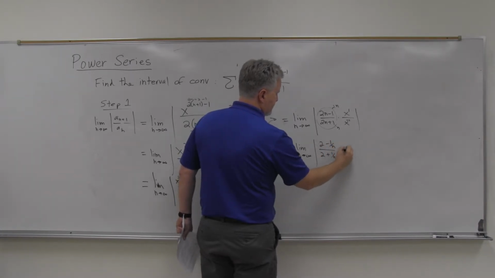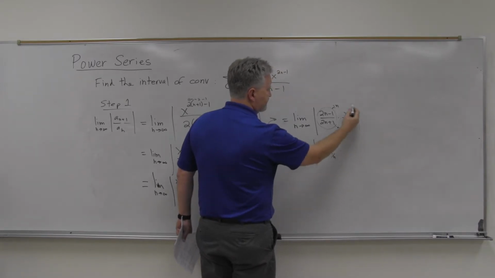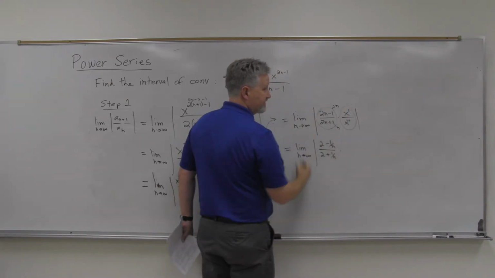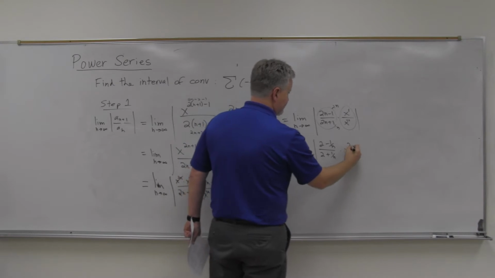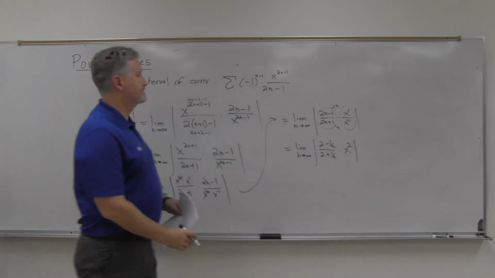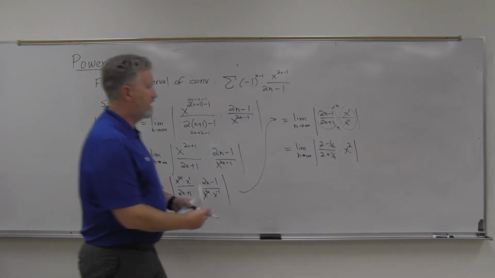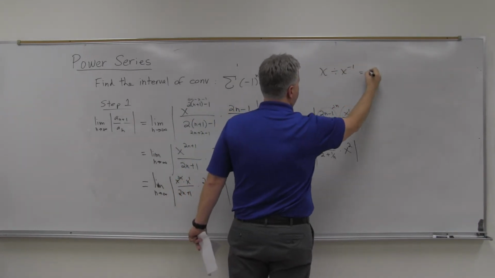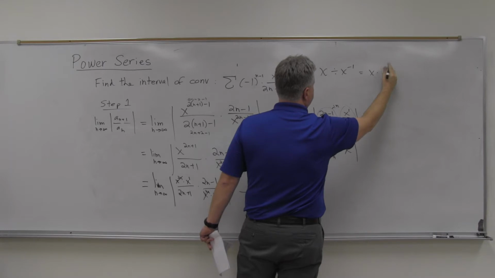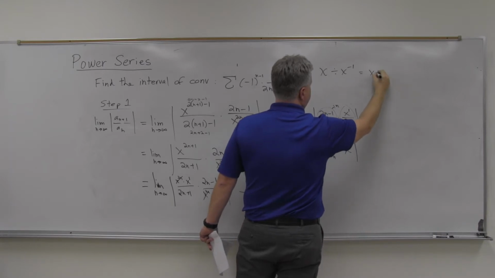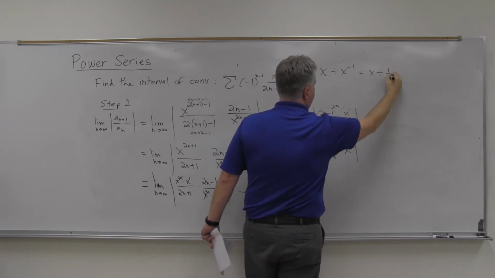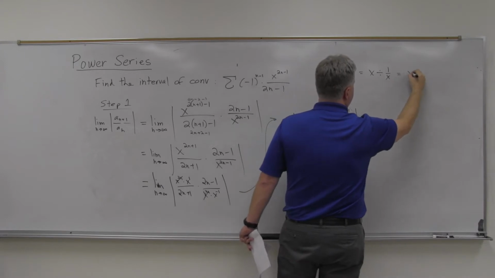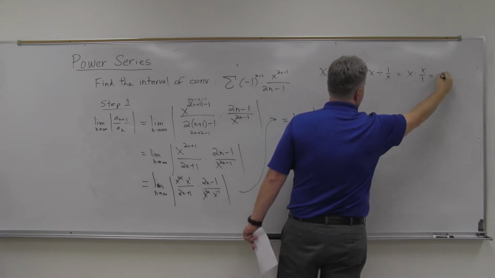That's going to be zeros. Now that, what's that going to be? It's going to be x squared. x divided by x to the negative 1 is the same as x times 1. x divided by 1 over x is x times x over 1. So that's x squared.